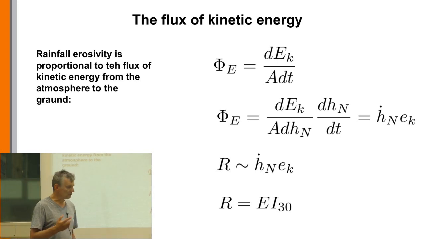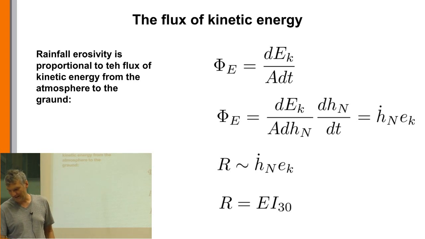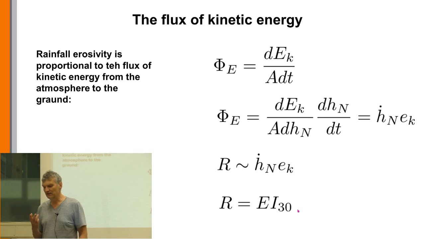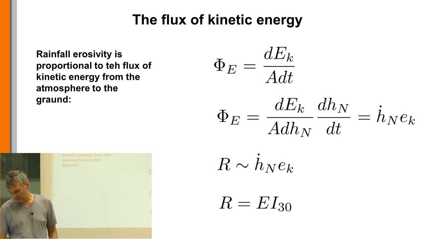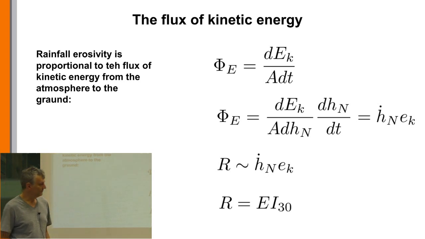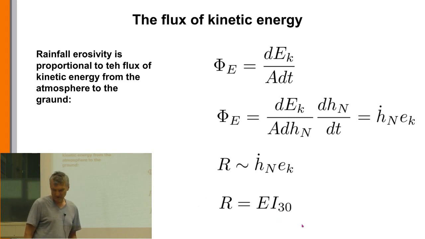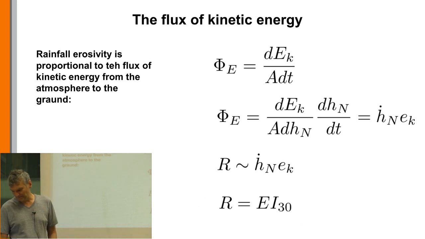E30 it is always called. I would like to call it dHN, but in literature it is called I30, meaning that this is the maximum rainfall intensity in 30 minutes. This is by law something like the rainfall erosivity factor.